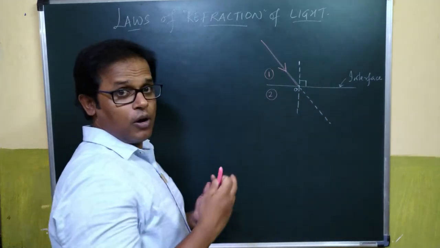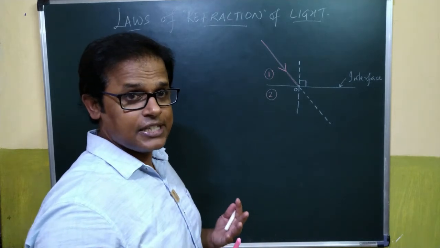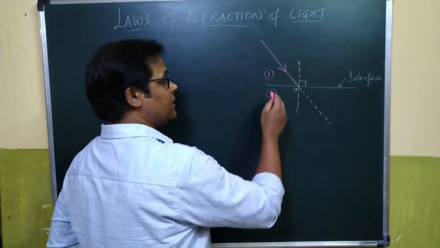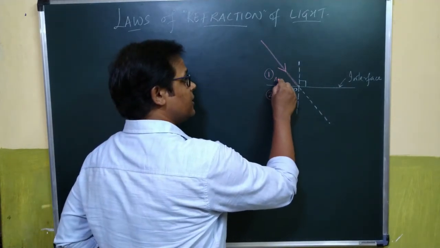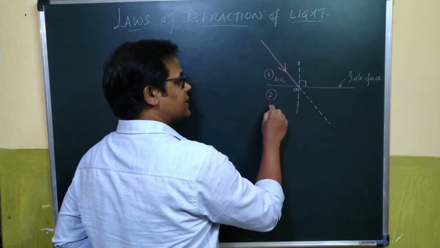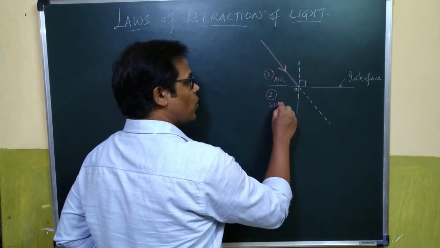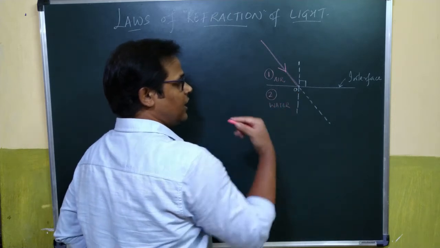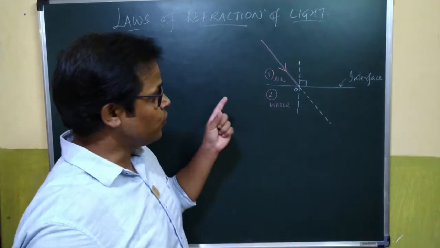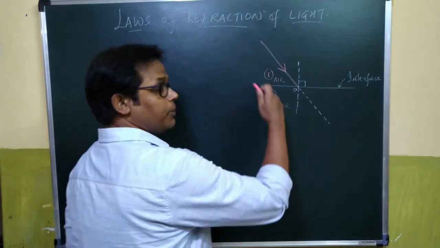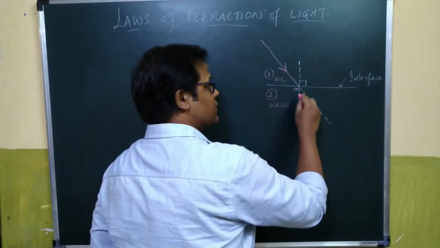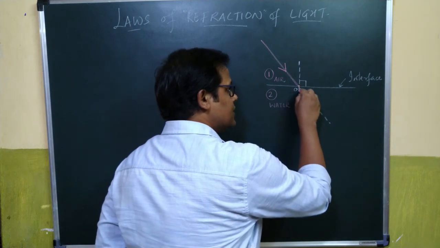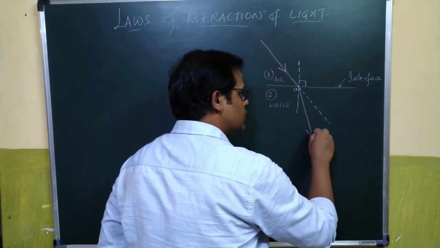Now it depends upon what we call the optical densities of the medium. So if I name the first medium as air and the second medium as clean water, then the ray of light won't be bending away from the normal, but rather in this case it will be bending towards the normal.